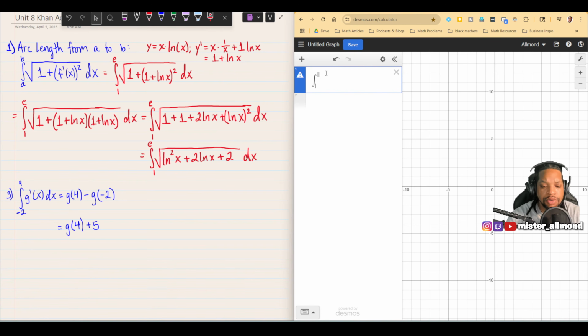X squared over cosine squared of x plus 1 dx. Let me make sure that's correct. Okay, I'm going to put these in parentheses just to be extra sure.